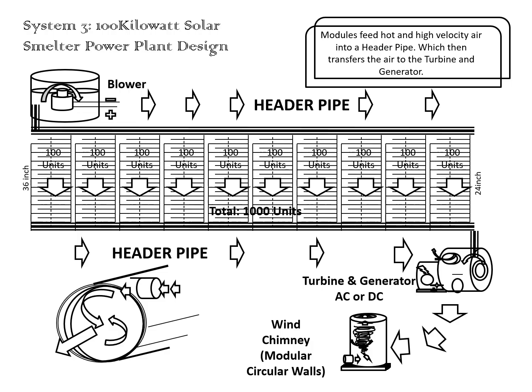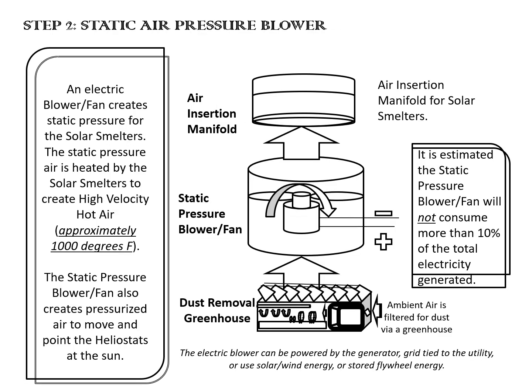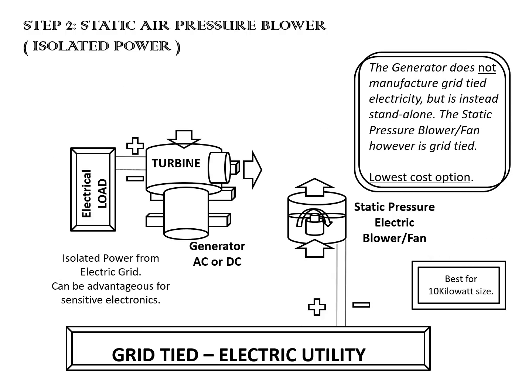which then drives a turbine. You have to calculate the diameter of the pipe, but basically I spin the air down the pipe. Dust control is really important. You can use greenhouses to remove it, and the greenhouse kind of warms the air a little bit. Static air pressure then creates pressure in the solar collection field.